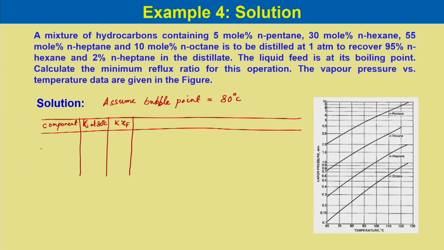So, we can just note down the components, that is NC5, NC6, NC7, NC8. Now, Ki at 80 degree centigrade we can obtain as 3.62, 1.39, 0.56 and 0.23.